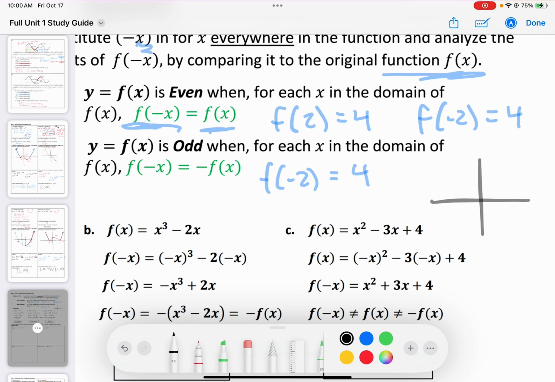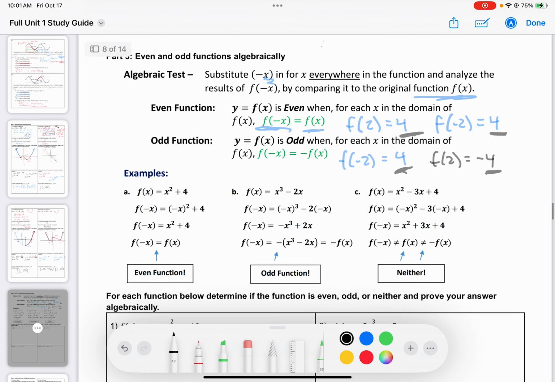So if f of negative 2 is 4, then f of 2 should be negative 4. So even is going to have the same output. Odd is going to have the opposite output.